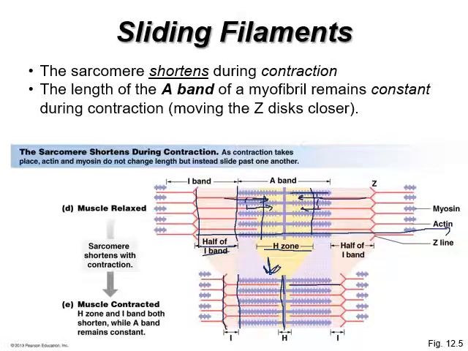So the I band gets smaller. What about the H zone? The H zone extended here and here in the relaxed state, but now we just have this small region, because this is the only region that contains thick filament in between here. So the I band and the H zone both get smaller when the filaments slide across one another.